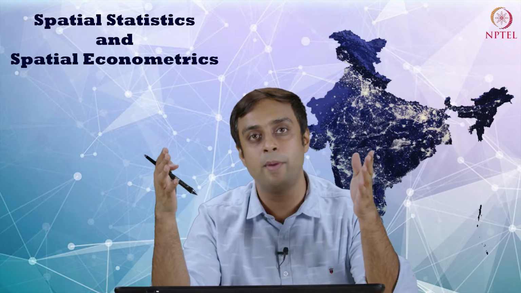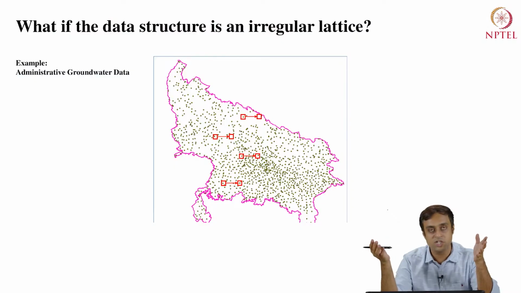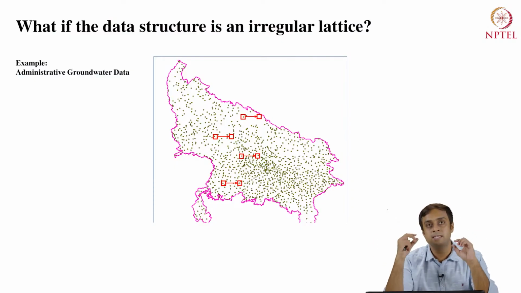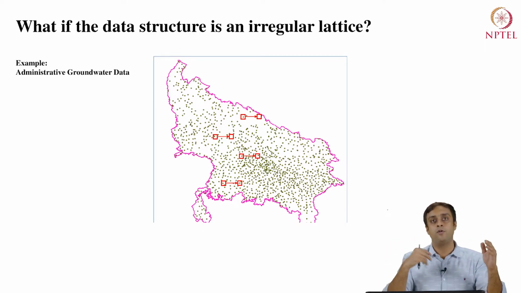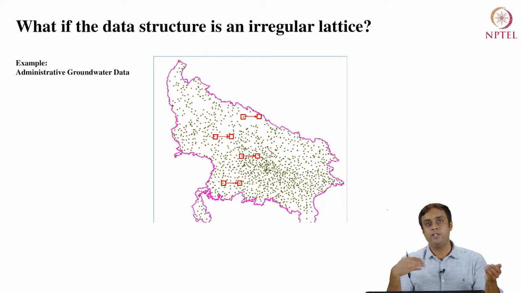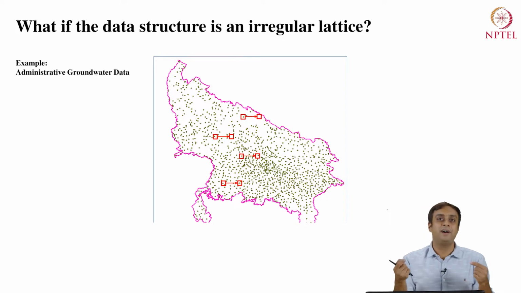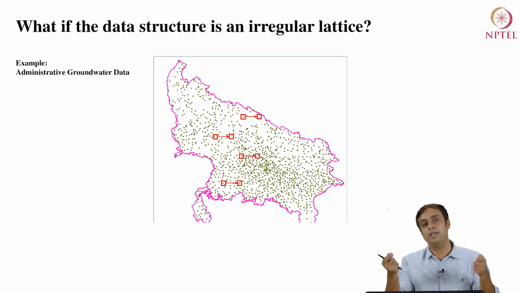That is to say, if I were to divide the domain of interest, which is the state of Uttar Pradesh, into equidistant cells marked by rows and columns in the i and j directions, or x and y directions, of a certain size, I will not have data observed in every cell of the entire domain.